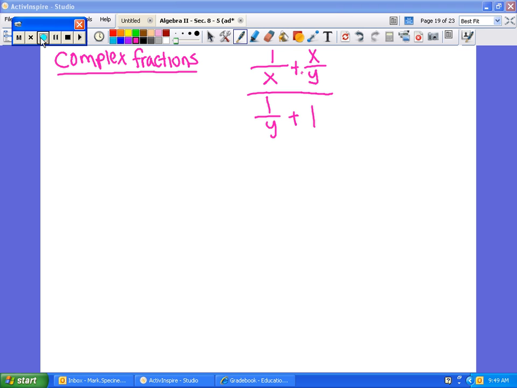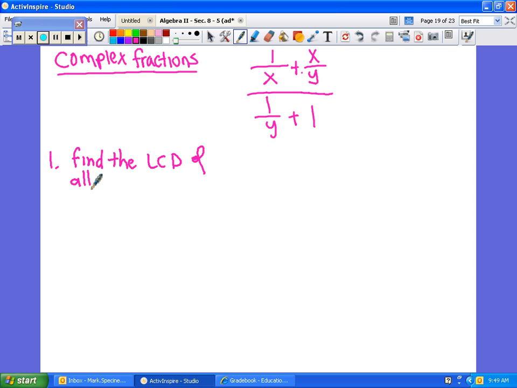All right, so here, step number one is to find the LCD of all fractions. That's the first thing you want to do. Now, you might be thrown a little by the fact that I've got fraction, fraction, fraction, not fraction.